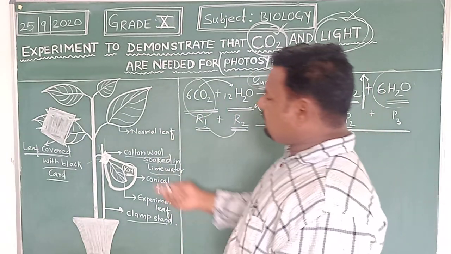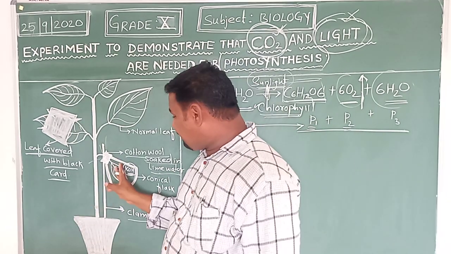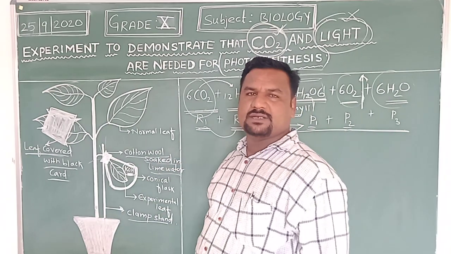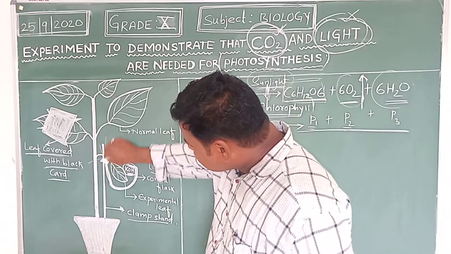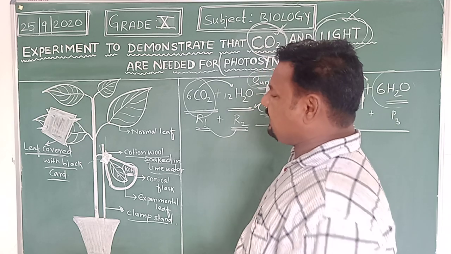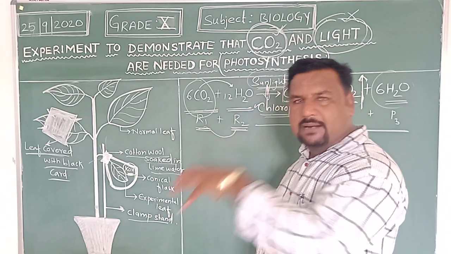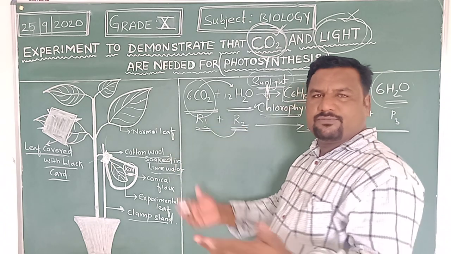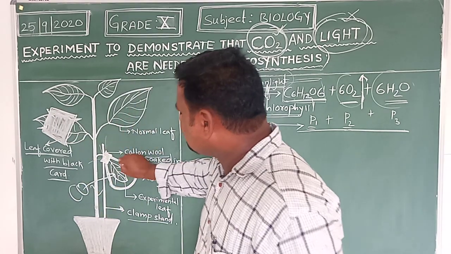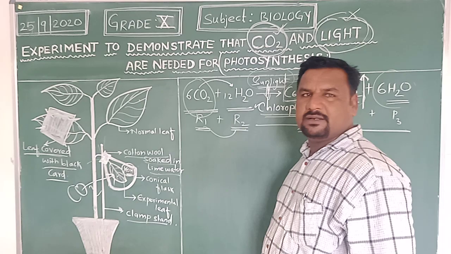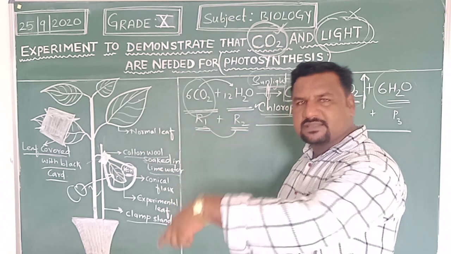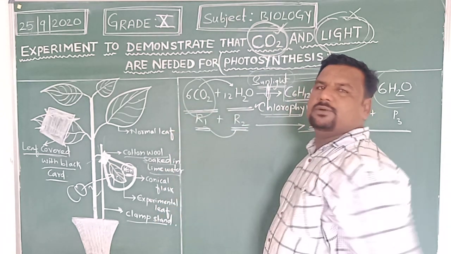The leaf taken for the starch test does not show the formation of starch, because this leaf was placed in the flask containing KOH, which destroyed the carbon dioxide present in the flask. Therefore, there is no availability of carbon dioxide in the flask due to the presence of potassium hydroxide.